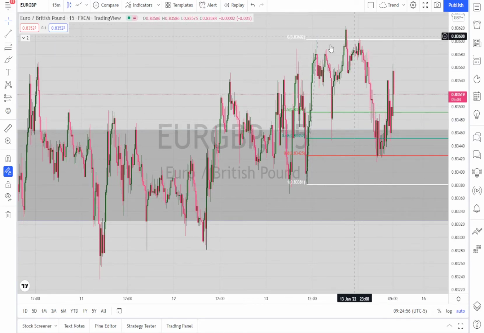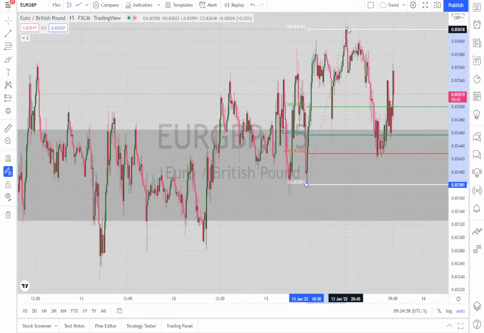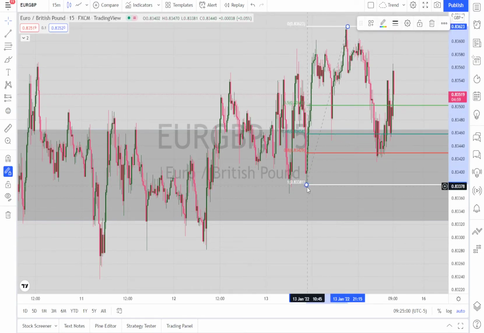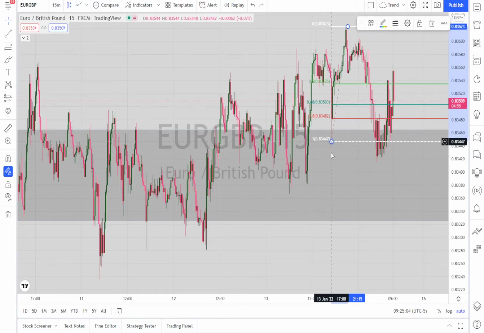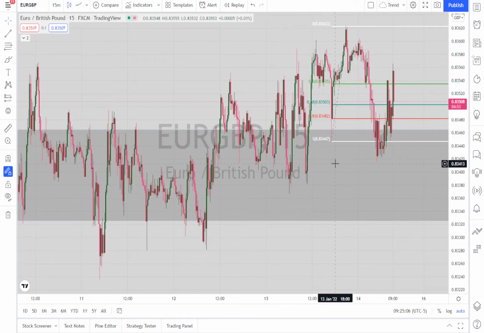So now that this is done right here, so we had another one, and then this was a loser right here. This right here, it did come to the 50 and it came down here. The problem is it hits your stop loss. And guess what?